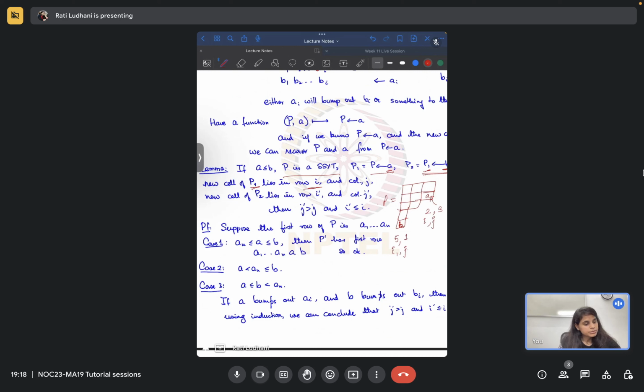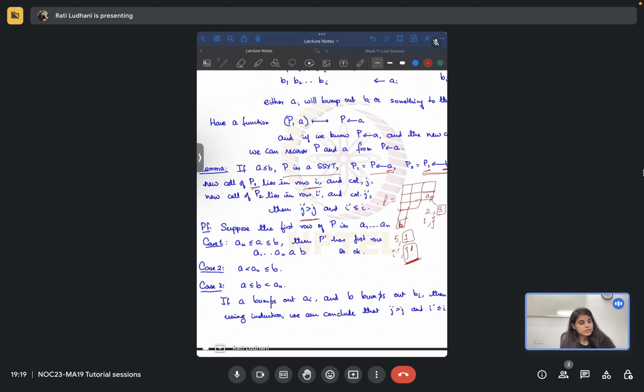Then what is the relation between I dash, J dash, and I and J? The relation will be that J dash is greater than J. Here J dash is 1, and J is 3, so this cannot be a possibility.